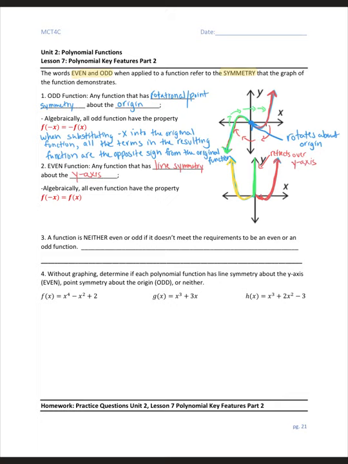If we were going to explain what that means in words, we would say that f of negative x is equal to f of x. So basically when you substitute in a negative x value, you still end up with your original function.